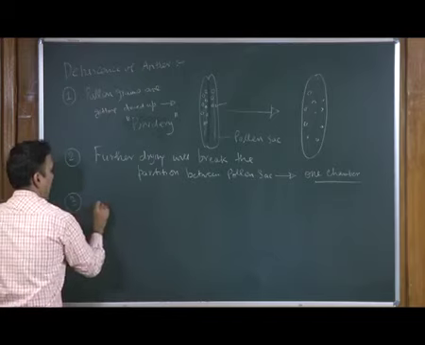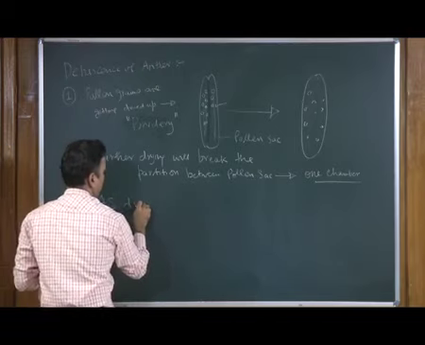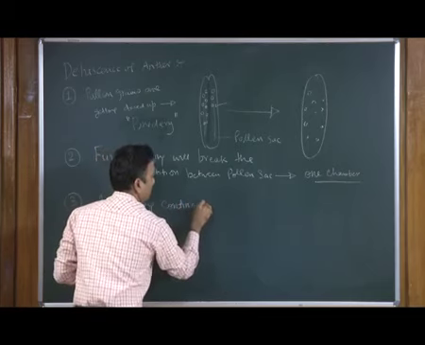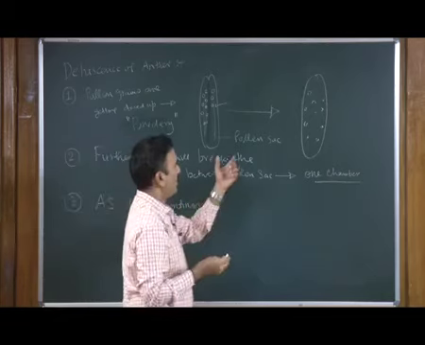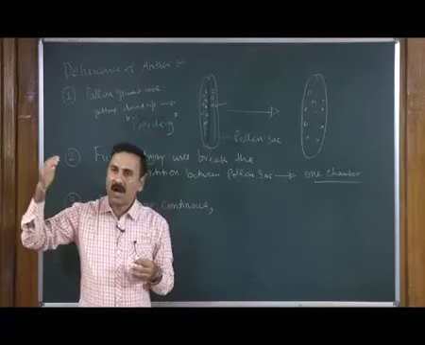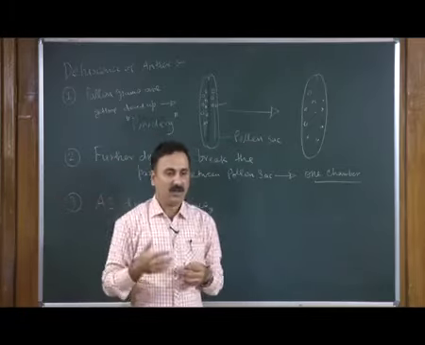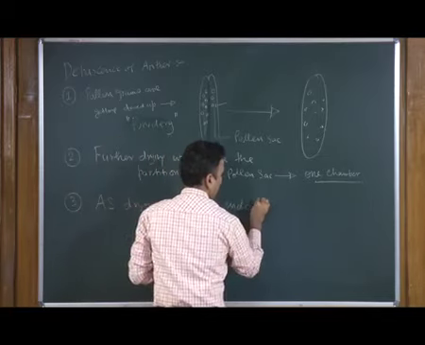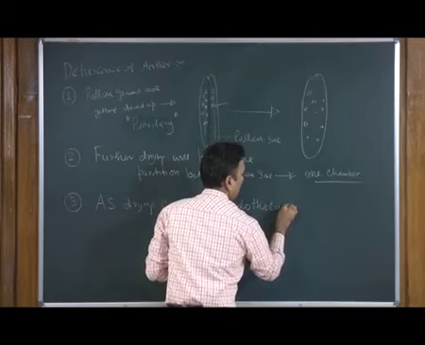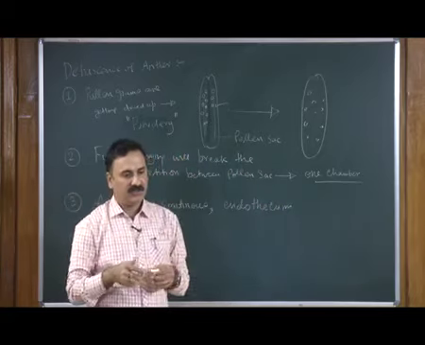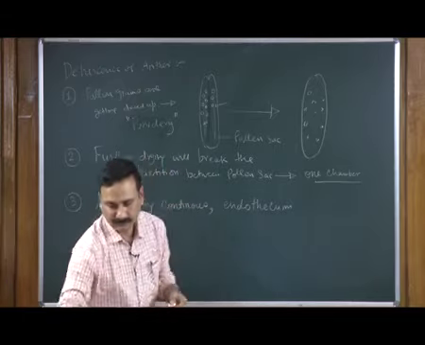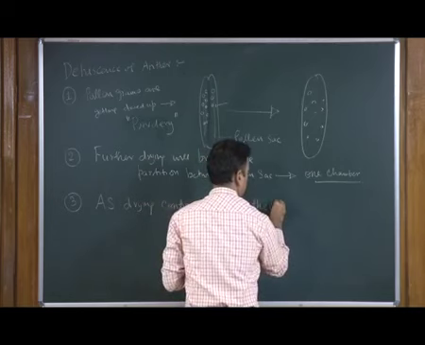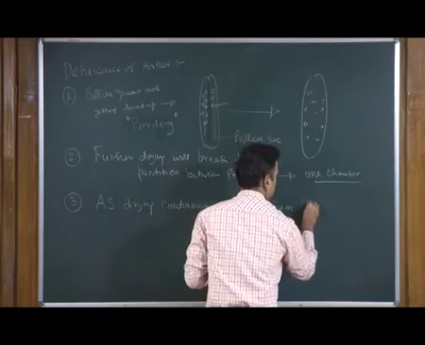Now, as the drying continues, it gives a pressure on the outer layer of cells, which are called the endothecium.